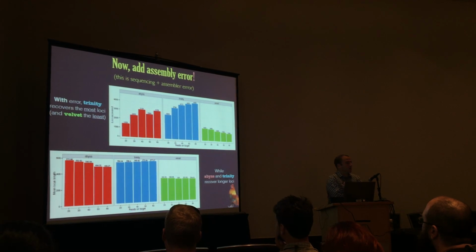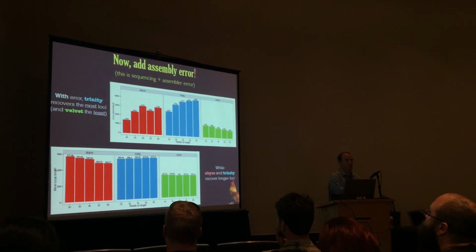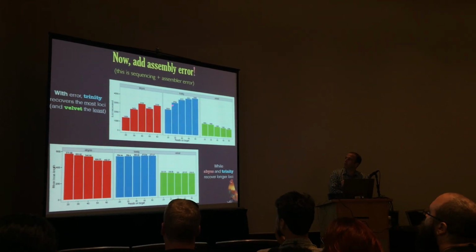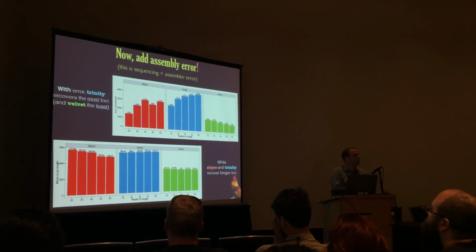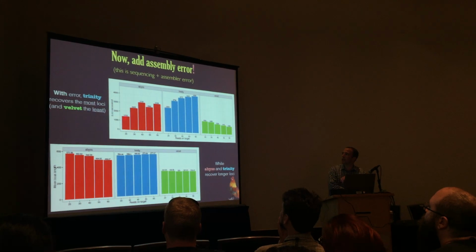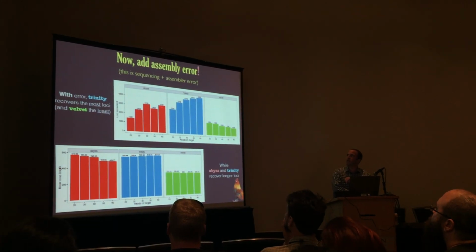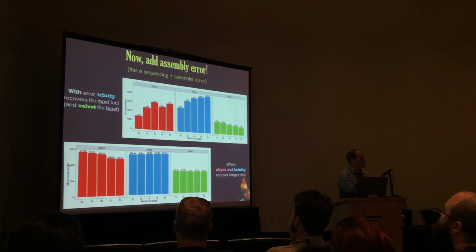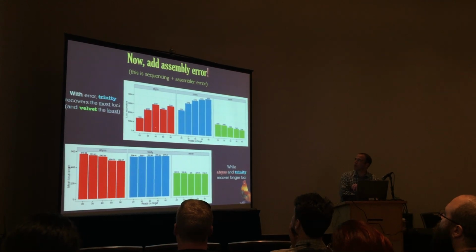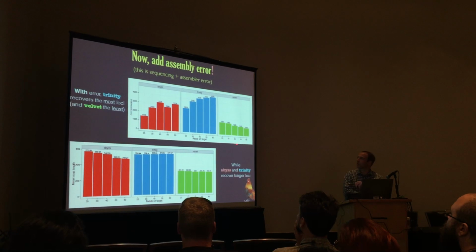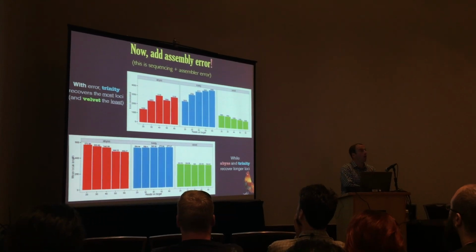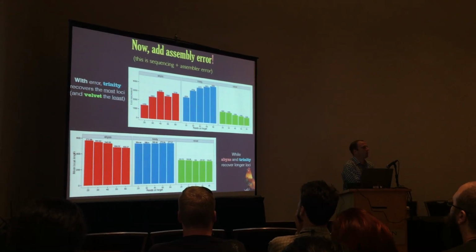Once we start adding sequencing error, we see some really strange behavior. We start to see the number of loci change as the reads on target increase from a low amount to a high amount. As we increase the amount of reads on target, Abyss is giving us somewhat more loci. Strangely enough, Velvet is performing in the opposite direction. As we give it more data that are what we want, it's assembling fewer and fewer loci.